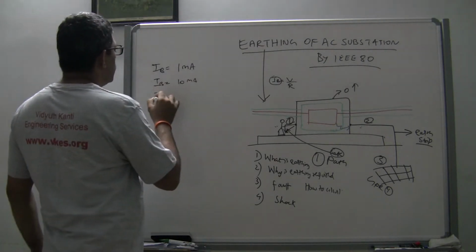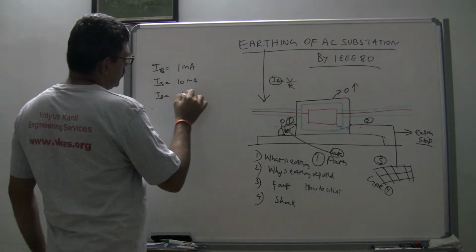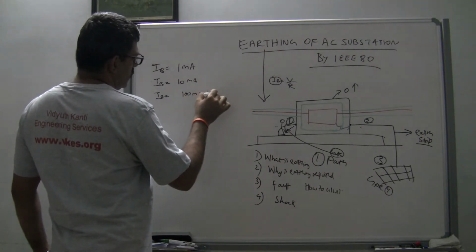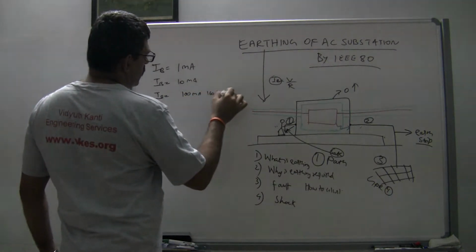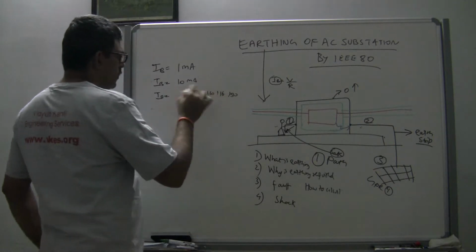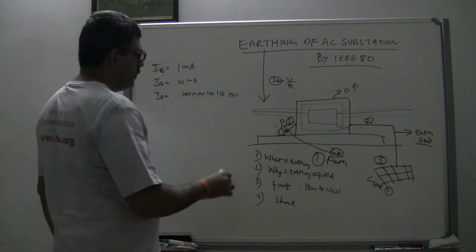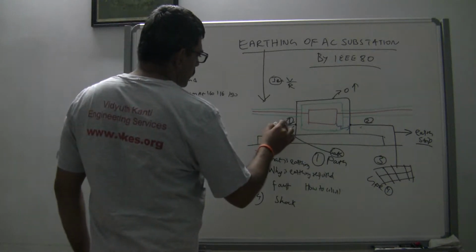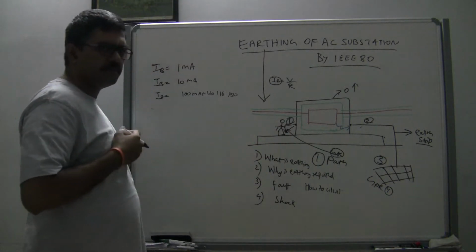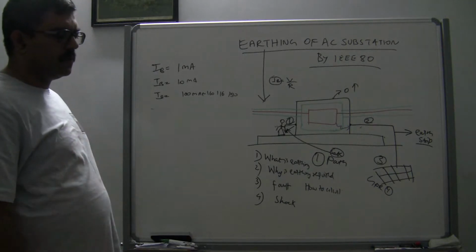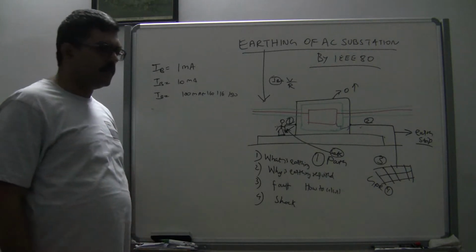Now when the current is around 100 milliamps, maybe 160 milliamps or 150, something close to 100 milliamps, it is dangerous because this current passes through the person's heart. Something called ventricular fibrillation will occur.